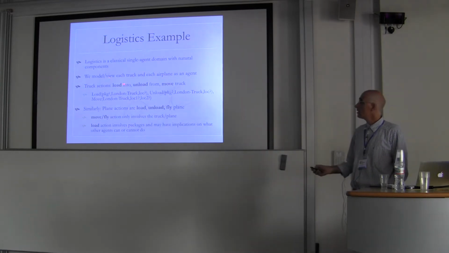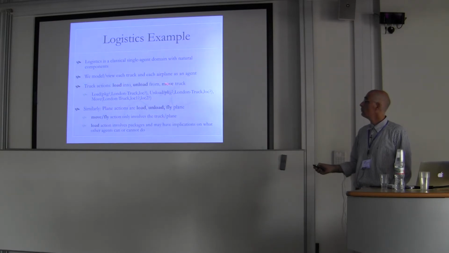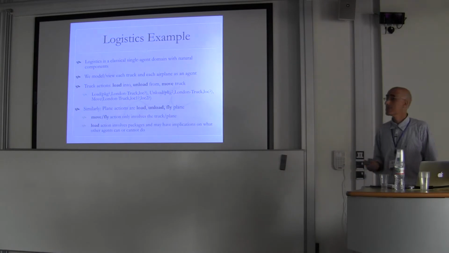For the truck, it has the actions of loading into the truck, unloading from the truck, and moving the truck. So if we have, say, a London truck, then all the actions of loading a package into the London truck at the locations that it can reach, all the actions of unloading from the London truck, and all the actions of moving the London truck. These are the actions of the London truck.